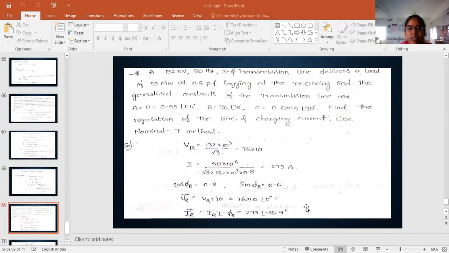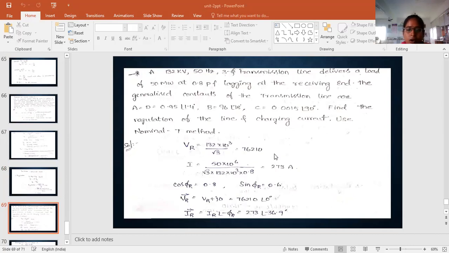A 132 kV, 50 Hz, three-phase transmission line delivers a load of 50 megawatts at 0.8 power factor lagging at the receiving end.